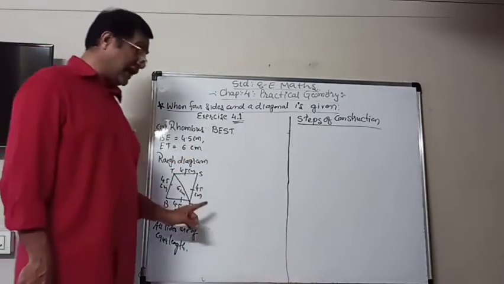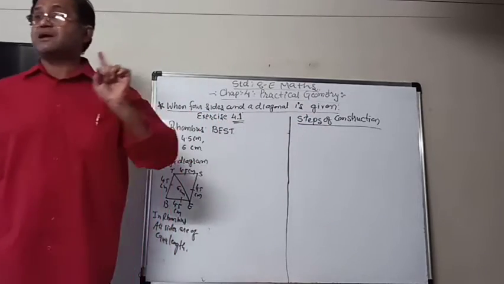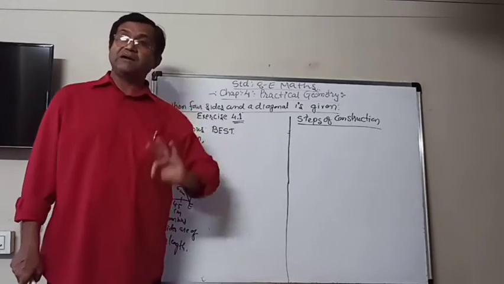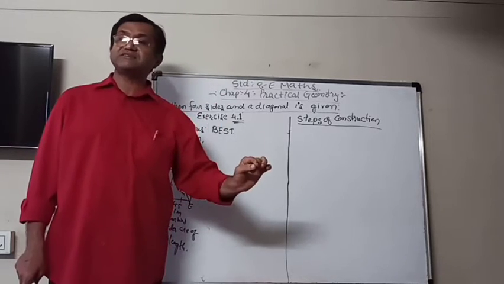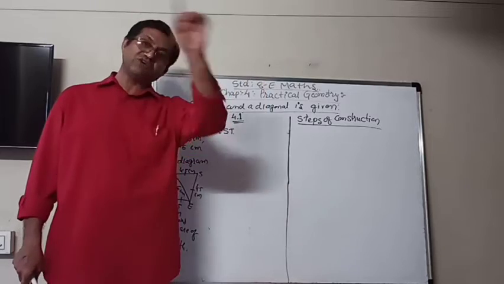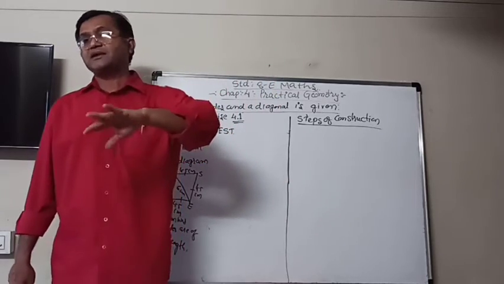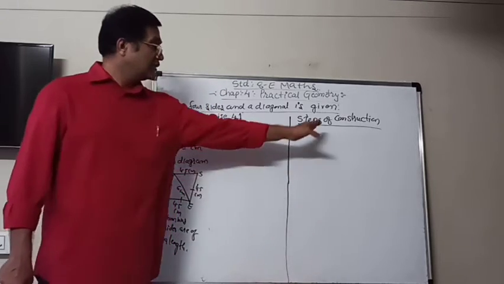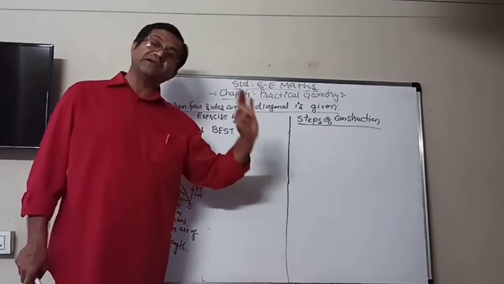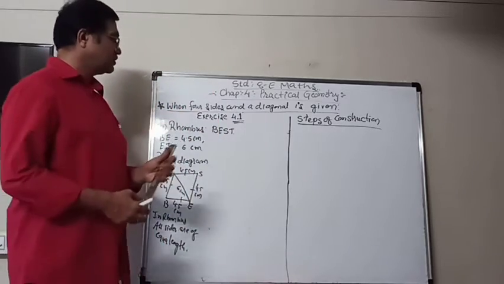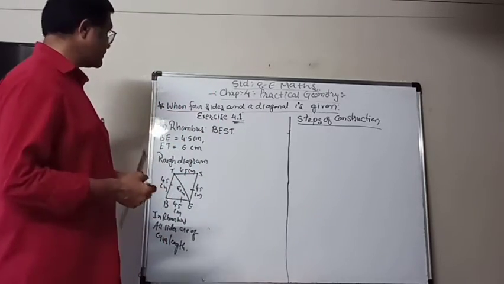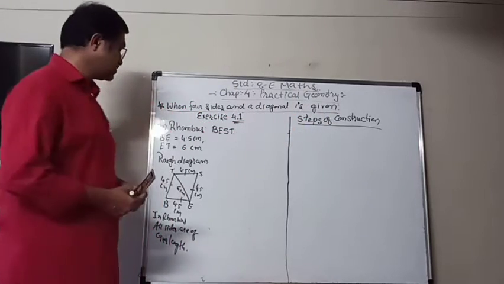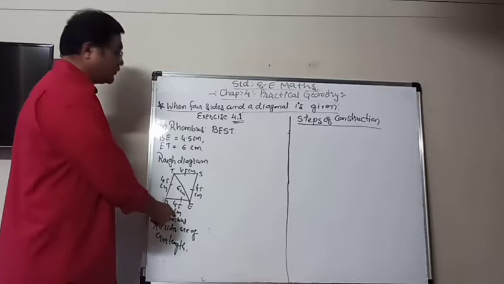Now I am not going to write down the steps of construction, but you have to write down, because now you know whatever you are doing, which point as a center, how much radius, where you put the arc, which previous arcs are intersecting, and therefore. So that steps of construction you can write down yourself. I am just going to draw this. So first up, I will explain what to write down in the steps, but I am not going to write down. Chal. So now first BE 4.5.